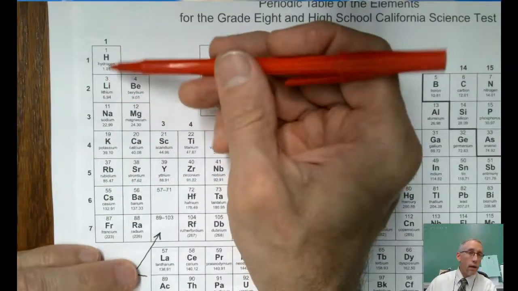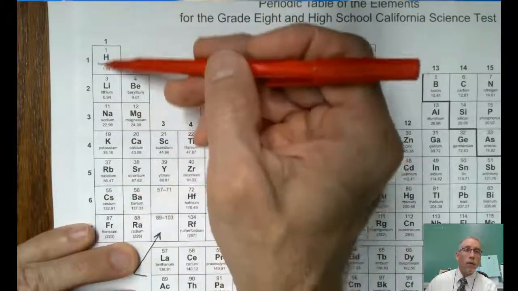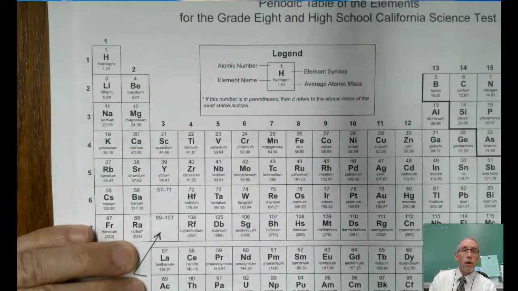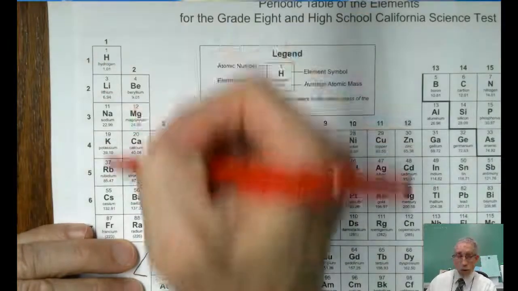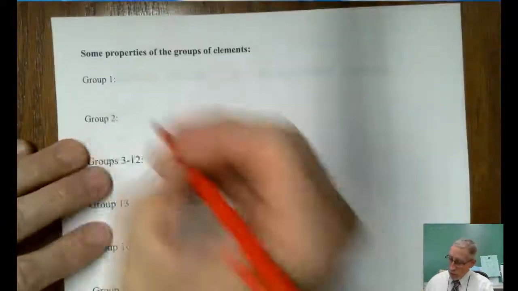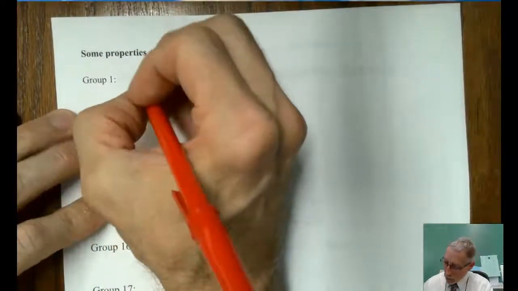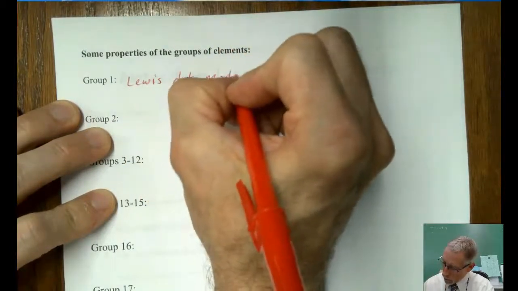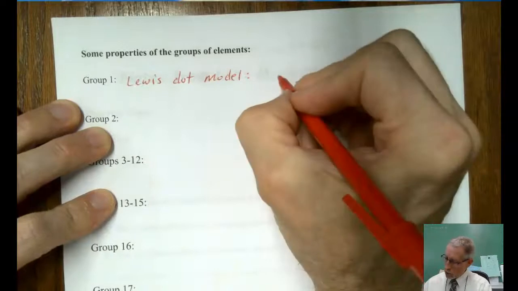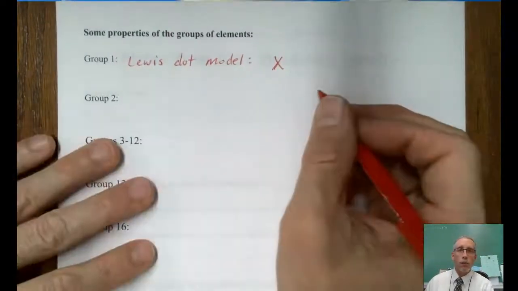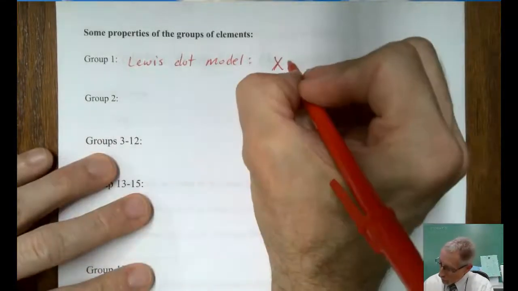So what we're going to see is properties of the elements have to do with how many outer electrons they have. So that's why these are all very similar to each other. Okay? So all the elements in group 1 have this for their Lewis dot model. There's a symbol. Now I'm going to use a generic symbol X, just to take the place of what the element symbol would be.